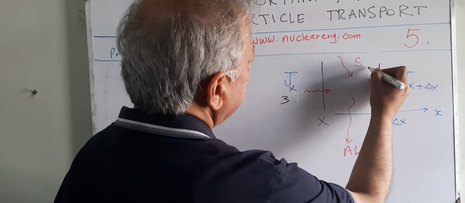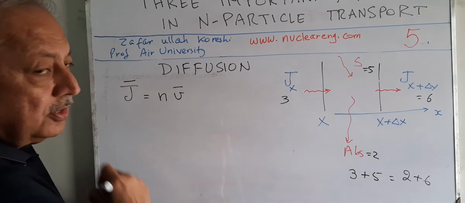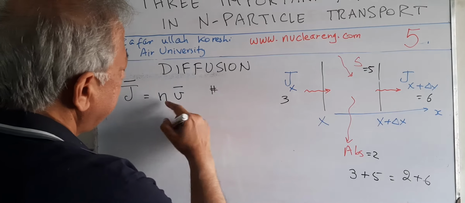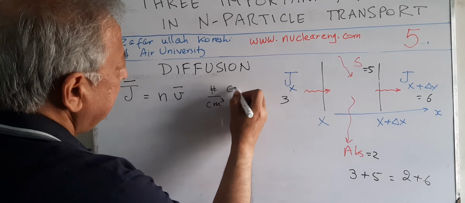So this is a current. Current means n, the number density, multiplied by the vector v. So current has units of number per cubic centimeter of neutrons multiplied by speed, so it's number per centimeter square per second in a certain direction, and in this case in that direction. So basically what can I write?